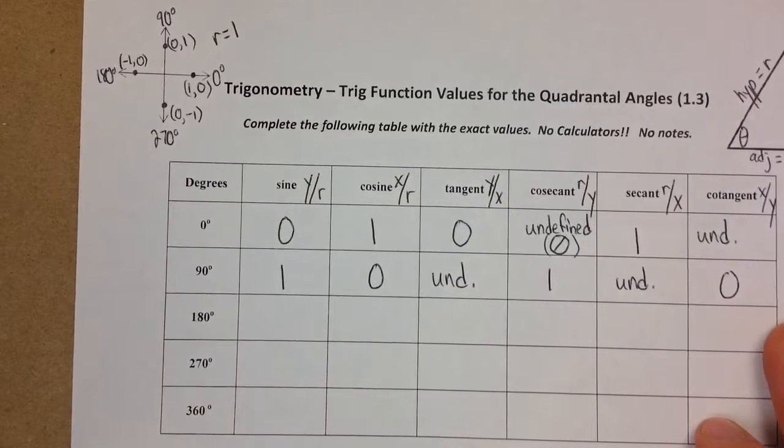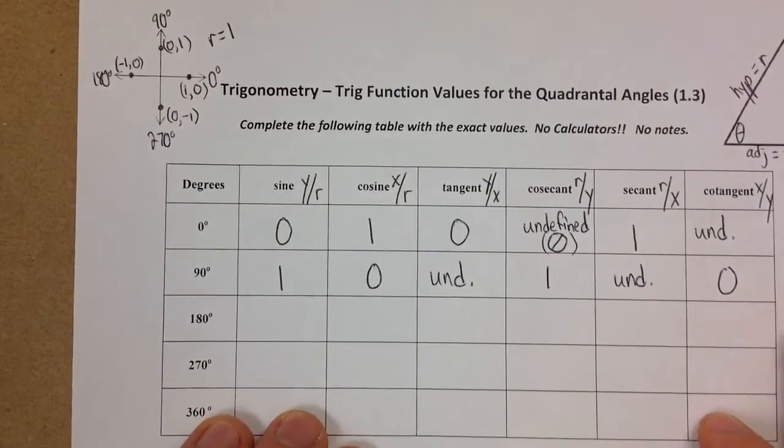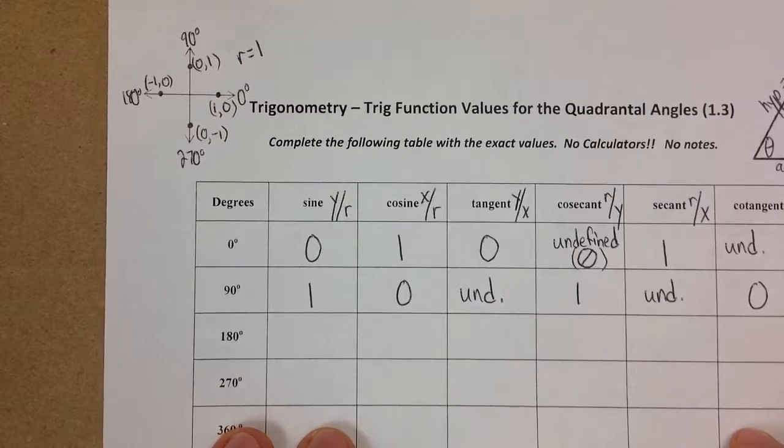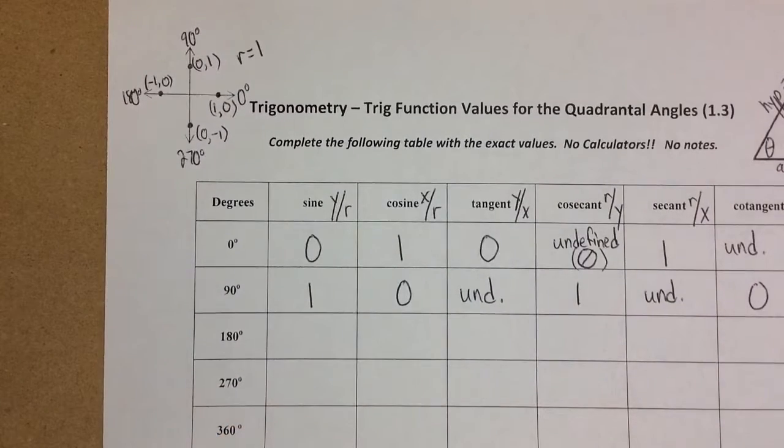Okay, 180 degrees. Jen, sine of 180. You got this. I don't like this y over r thing. That's fine. Sine is opposite over hypotenuse, so we have y over r.